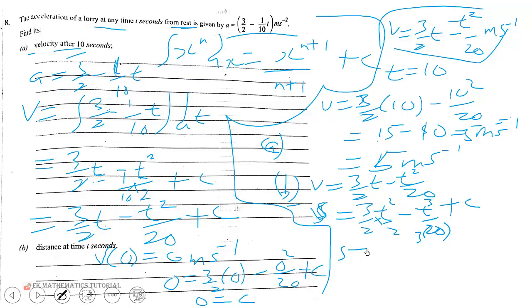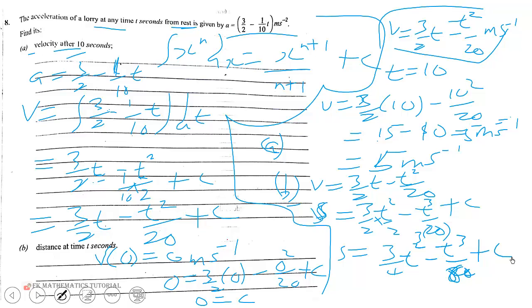So the distance will be equal to 3 over 4 t squared minus t cubed over 60 plus c. Again, applying the initial condition, when time is equal to 0, the displacement or the distance is 0.